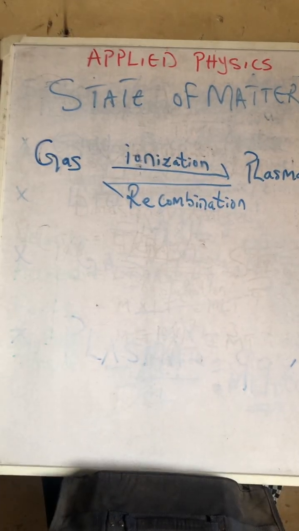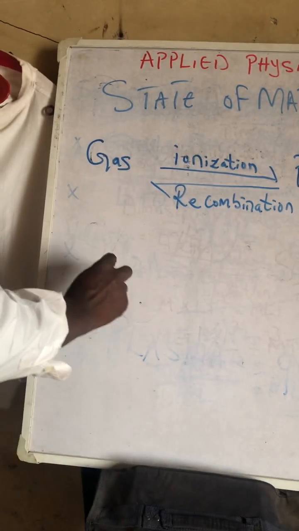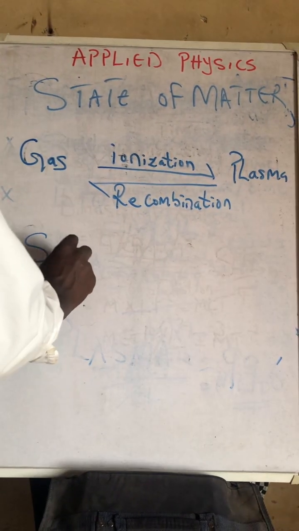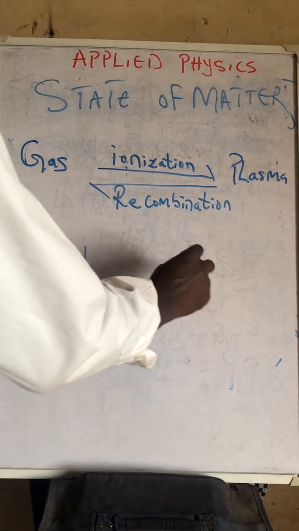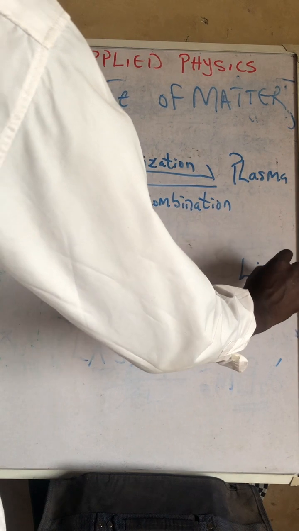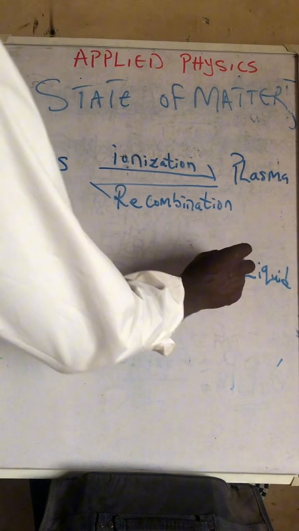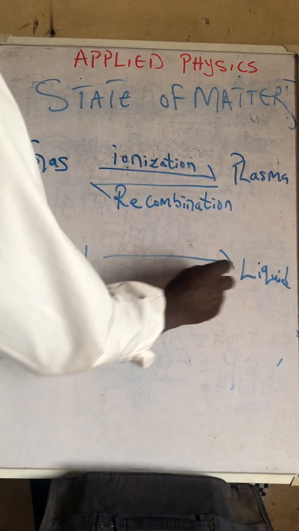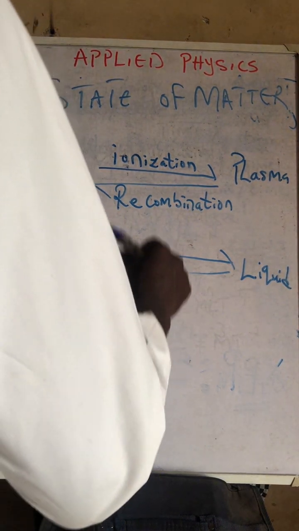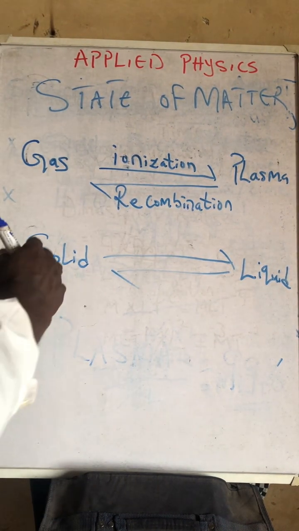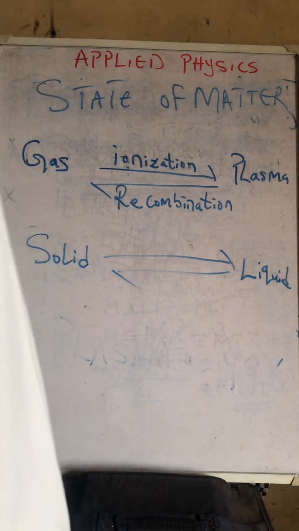Now, we're going to look from solid state to liquid state, which is common. The process whereby an object moves from solid state to liquid state is called melting.